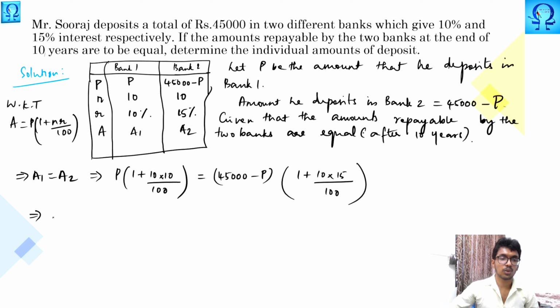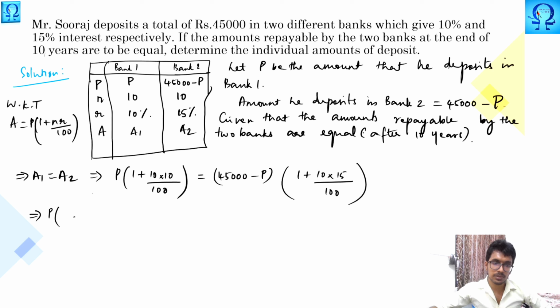Okay, so what should we calculate in this problem? Actually, we have to determine the individual amounts of deposit. That means we have to calculate the amount Suraj deposited in bank 1 and in bank 2. So if we find the value of this P, we are done. That is what we are going to do here.